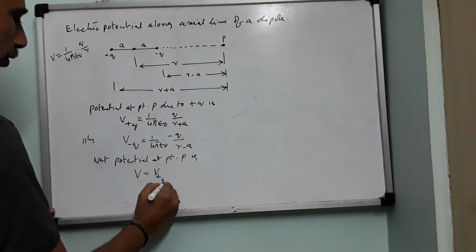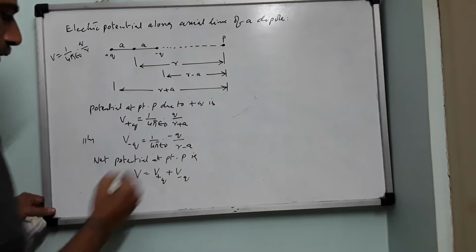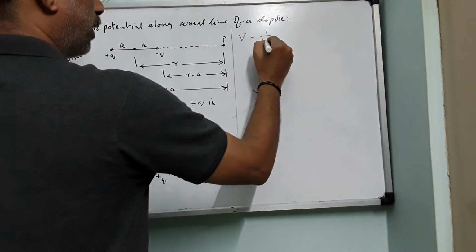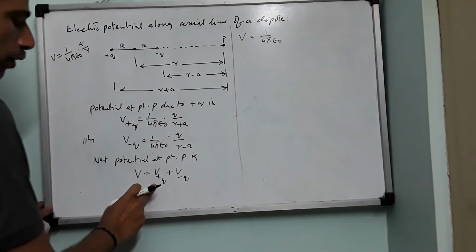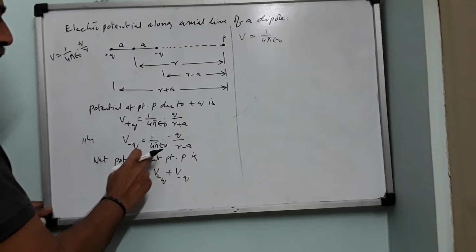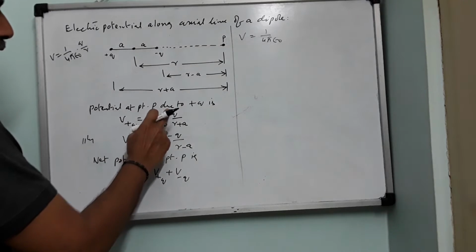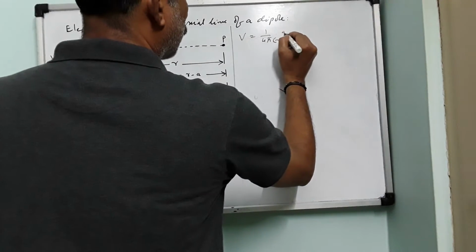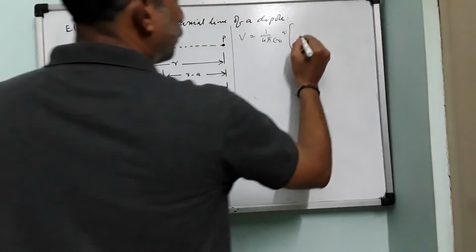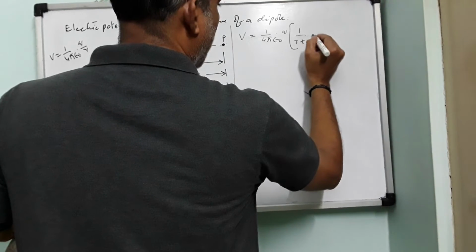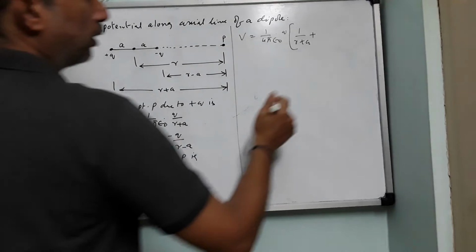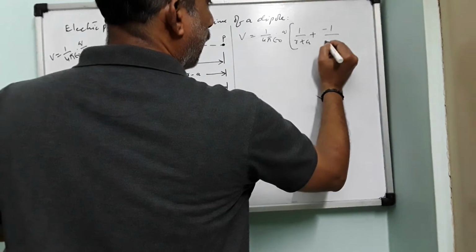V due to plus Q plus V due to minus Q. This comes out to be V equals 1 by 4 pi epsilon 0 Q, because in both of them you have 1 by 4 pi epsilon naught common, and Q is also common. In the brackets you have 1 by R plus A, plus, minus 1 by R minus A.